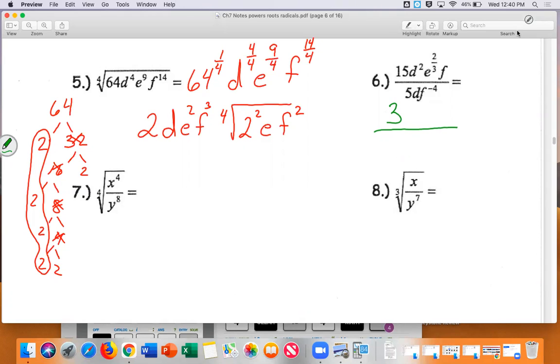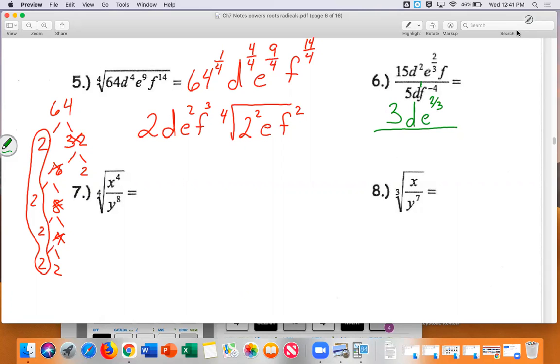Now, D squared and D. We subtract these, right? The exponent of D earlier, Nikki told me it was 1. So I'm doing 2 minus 1. That's 1. E says 2/3. There's no other E's there.